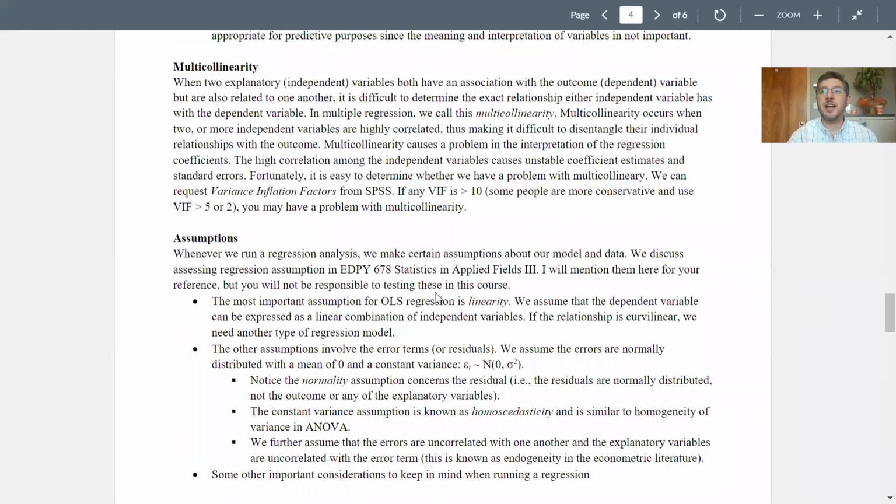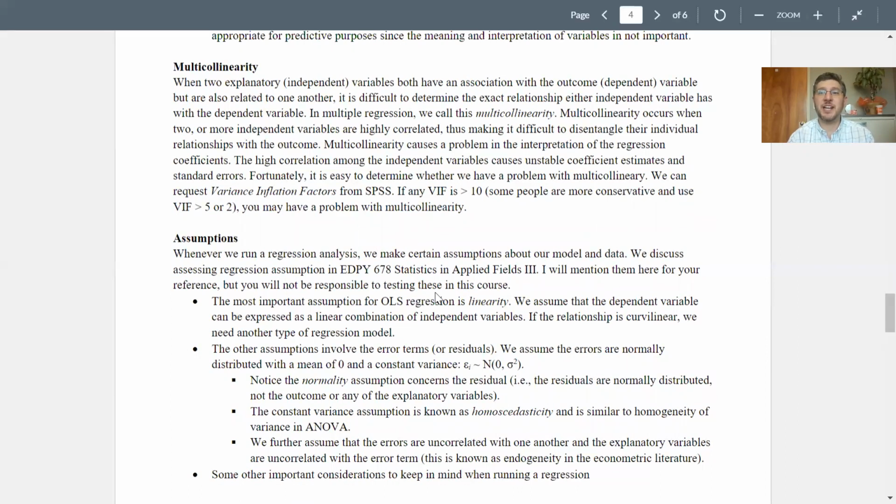There's an issue that is usually not talked about a lot, especially in introductory regression lessons, but multicollinearity has serious consequences for how we interpret the regression coefficients in our model.